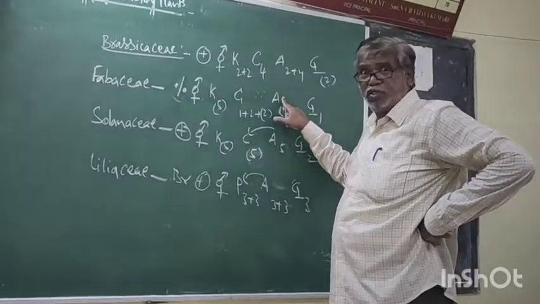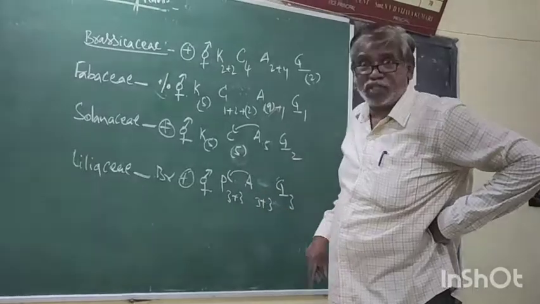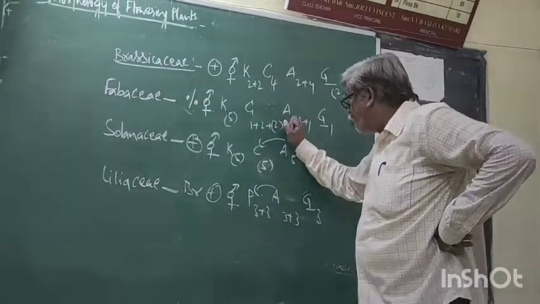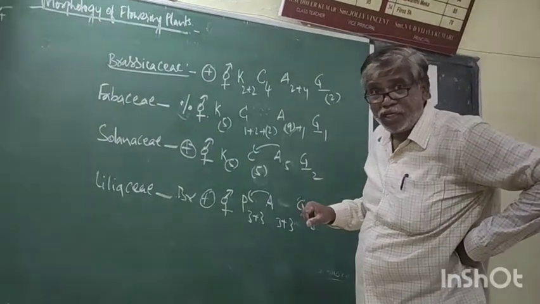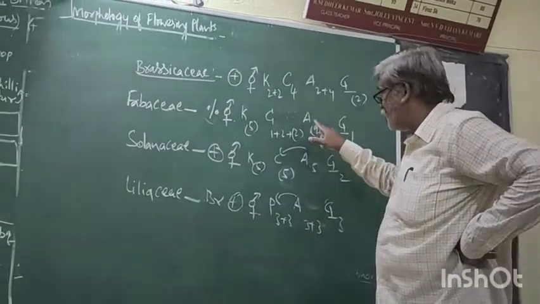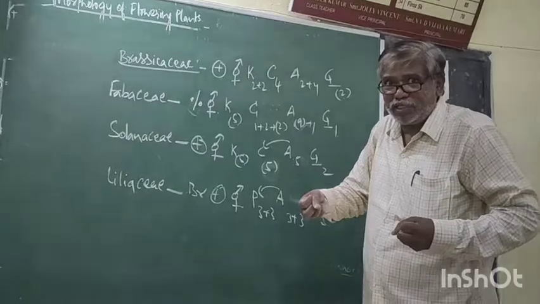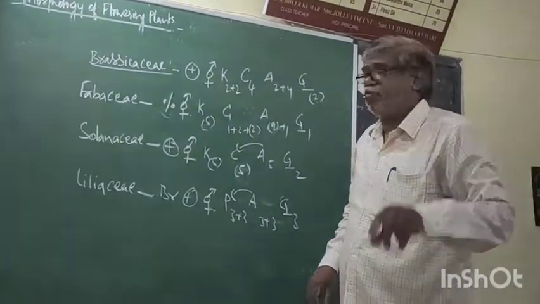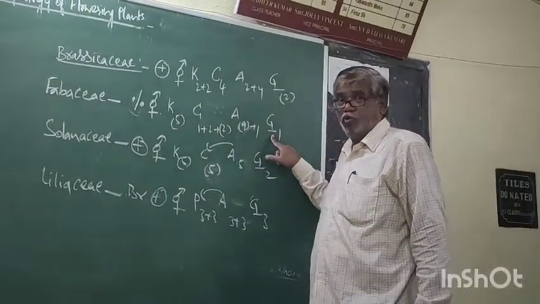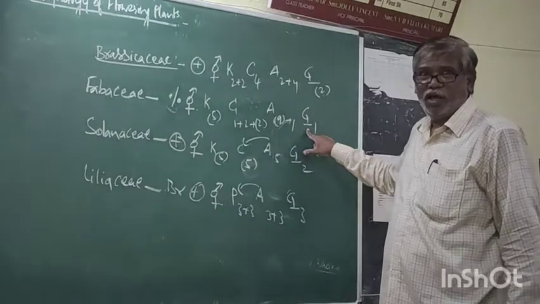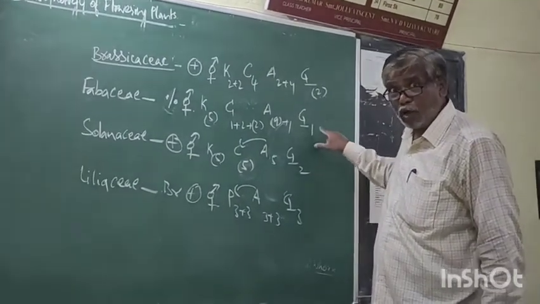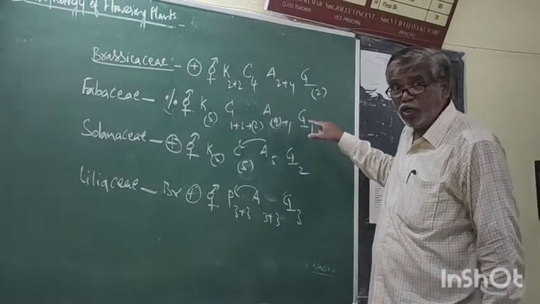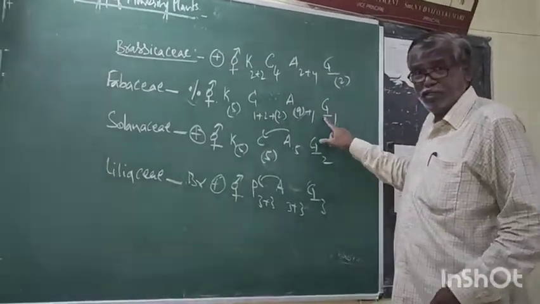How many stamens? 10, diadelphous. 9 become 1 bundle and 1 is separate. That means the 10 stamens are in 2 bundles. Such a condition is called diadelphous. Now, superior ovary. Monocarpellary ovary, superior.